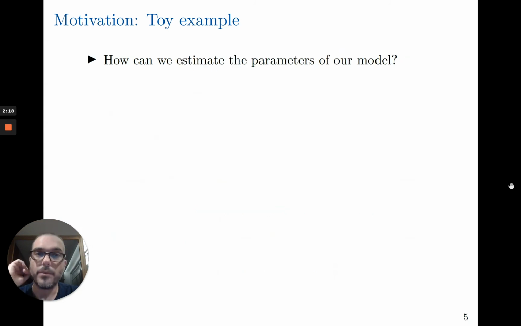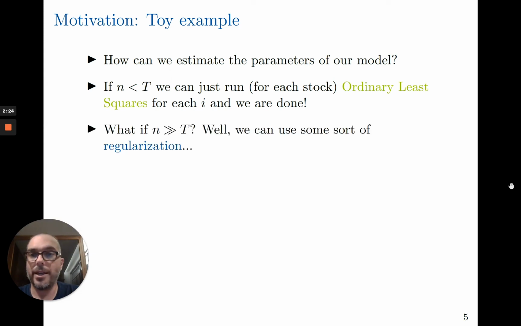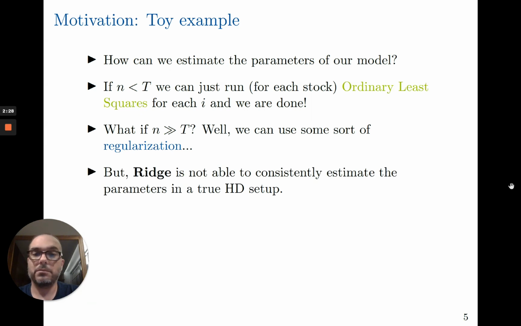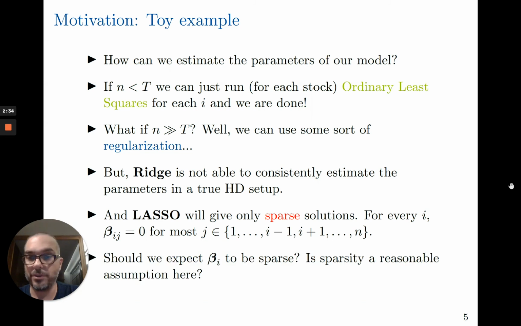So how can we estimate the parameters of the model? If n is less than t, of course we can do OLS. If n is larger than t, we need some regularization. Ridge won't give us consistent estimates, and lasso will give sparse solutions, as I mentioned. But should we expect the betas to be sparse?